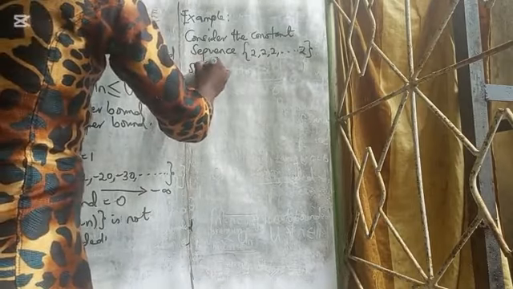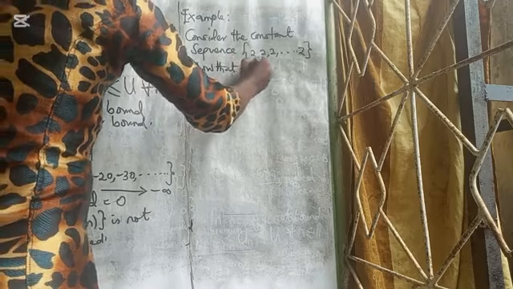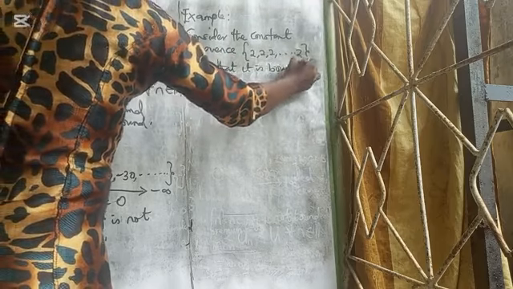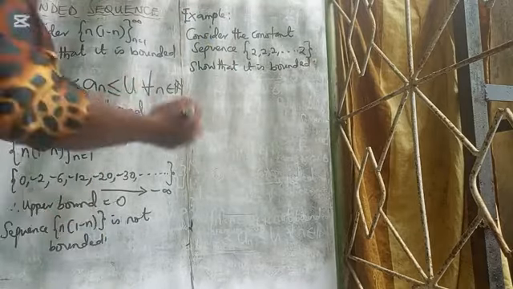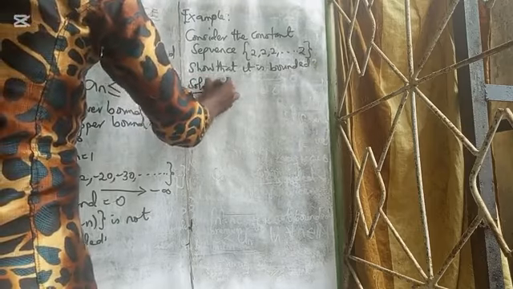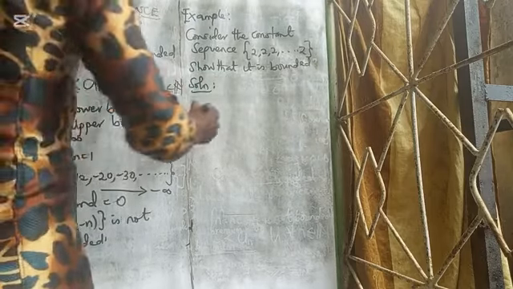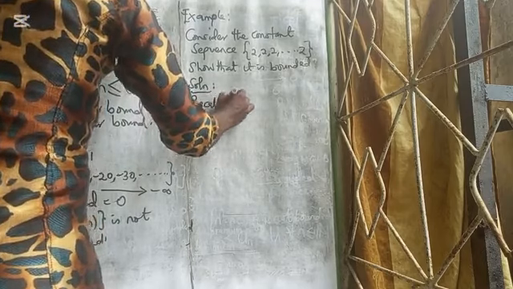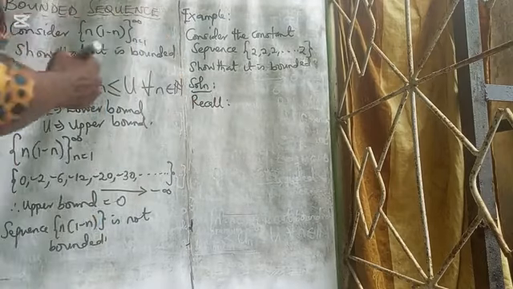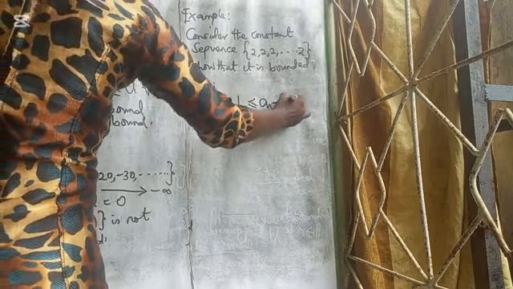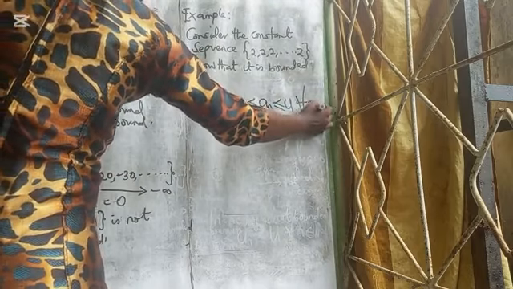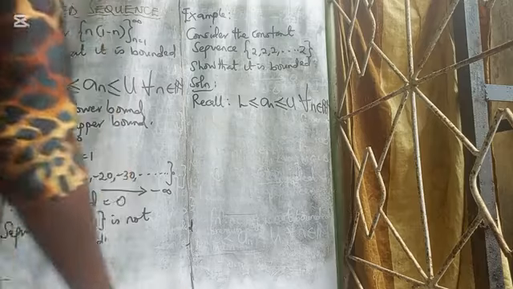We want to show that it is bounded. Again, we will recall the definition of a bounded sequence. A sequence is bounded if it has the lower bound and the upper bound: L less than or equal to a sub n less than or equal to u for all n contained in the set of natural numbers.